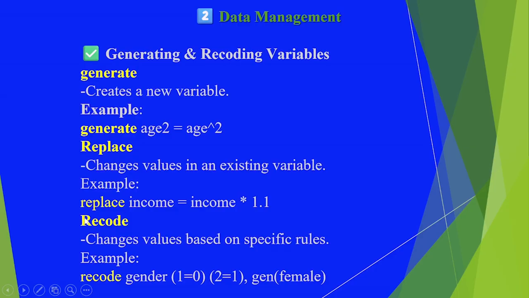And we have another keyword called recode in data management, which will help change values based on specific rules. For example, recode gender 1 to 0, 2 to 1, which means, for example, when we initially recorded genders as 1, we are now changing 1 to be 0 and 2 to be 1.